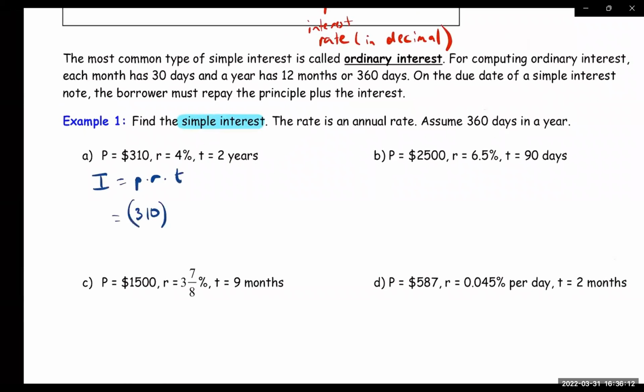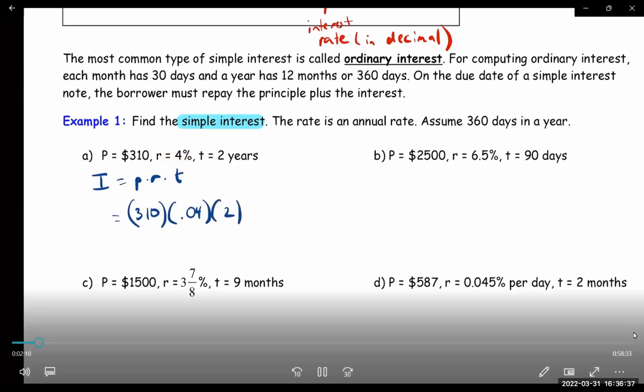The interest rate, anybody know how to convert 4% into a decimal? It's going to be 0.04, because you divide by 100, or you can just move the decimal 2 spaces to the left. So the decimal is here, and then you go 1, 2, which means there's a 0 after the decimal. And then there's 2 years, so that would be a 2.